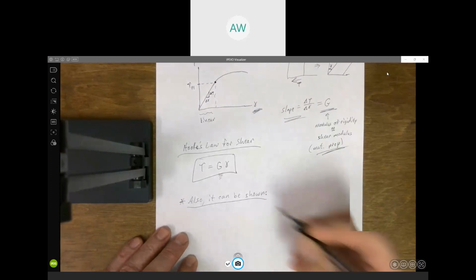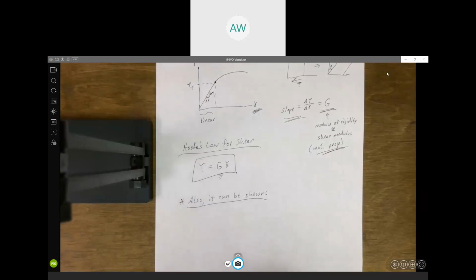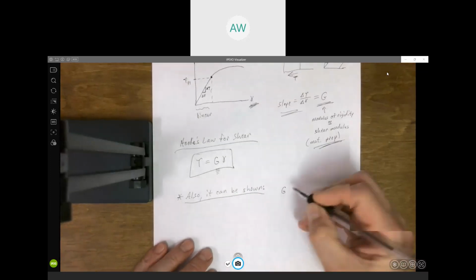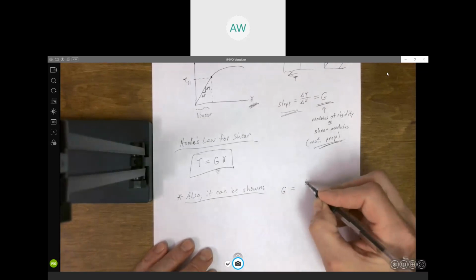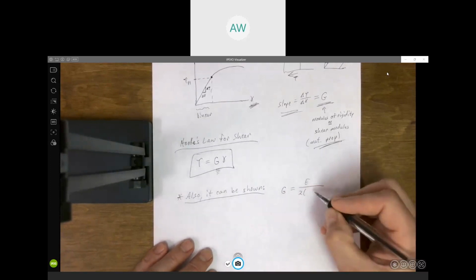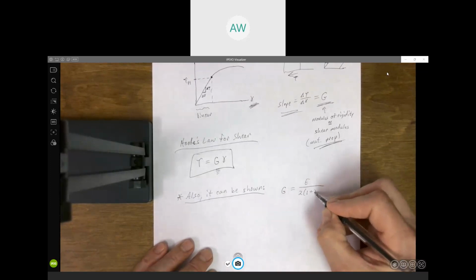There's a relationship between these material properties that we talked about today, E, G, and nu: the modulus of elasticity, the modulus of rigidity, and Poisson's ratio. All of those are related, and you can come up with this relationship that G is equal to E over 2 times 1 plus nu.